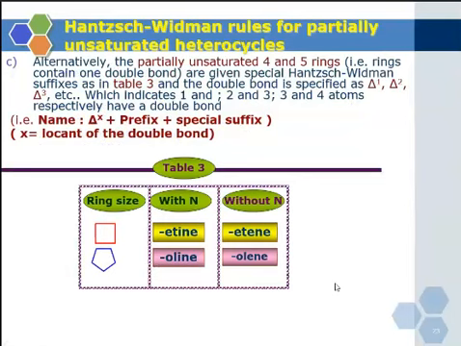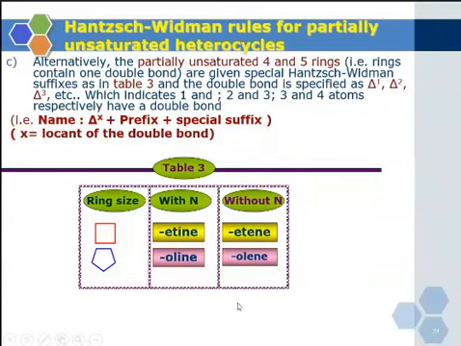The third point is, when the partially unsaturated 4 and 5-membered rings contain one double bond, they are given special Hantzsch-Widman suffixes as per this table number 3.